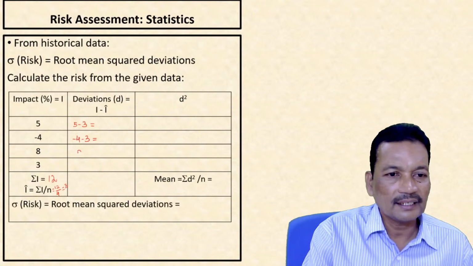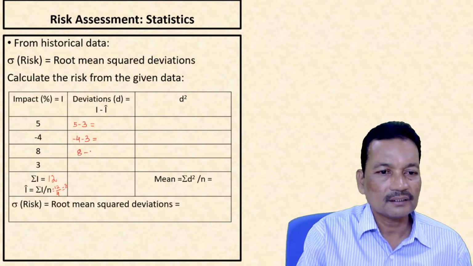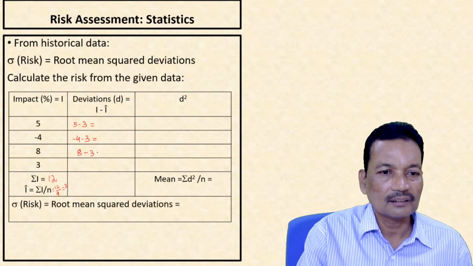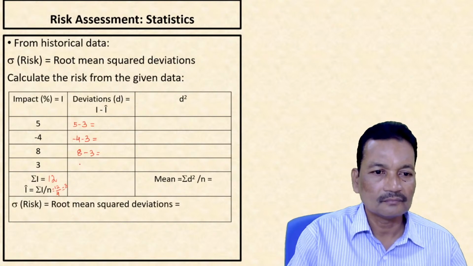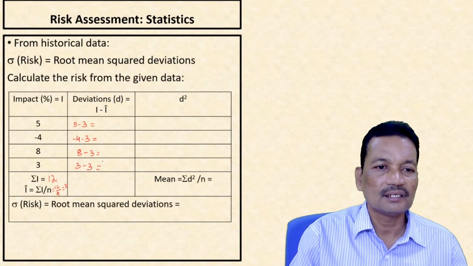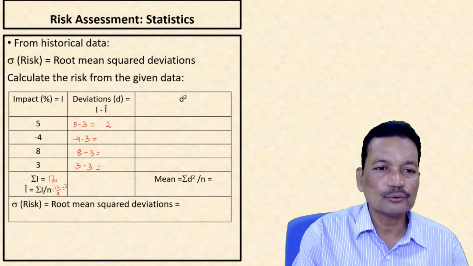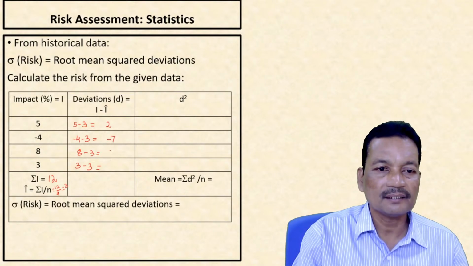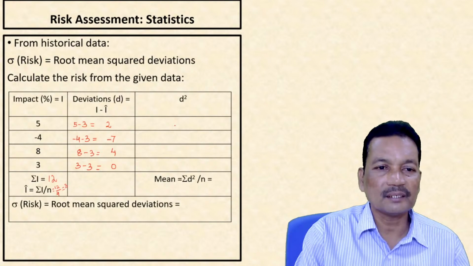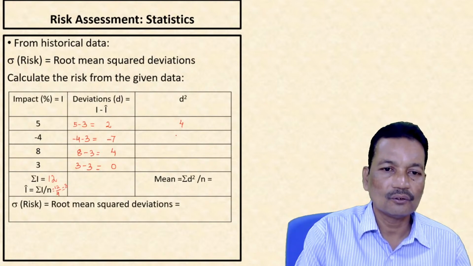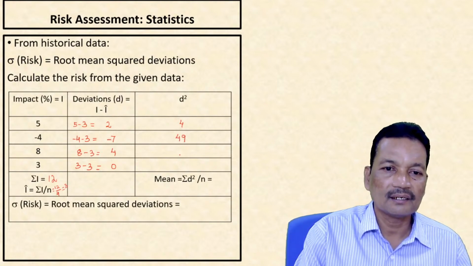Third one is 8 minus 3. Fourth one is 3 minus 3. If I calculate it, this is 2, this is minus 7, this is 5, this is 0. Now I square the deviations: 4, 49, 25, 0.